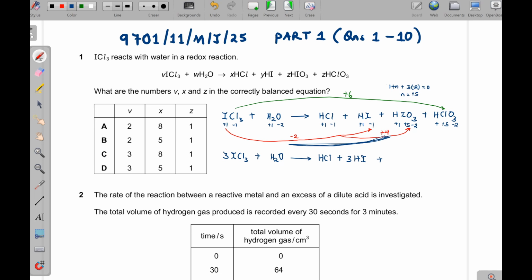Now the LCM of this and this is going to be 12, okay? That means this one I have to multiply it by 2. But let me first leave that one there. We have plus, I can just leave out that 3, then plus hydrogen iodate, and then hydrogen perchlorate.